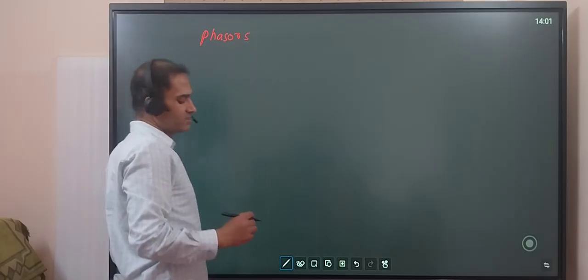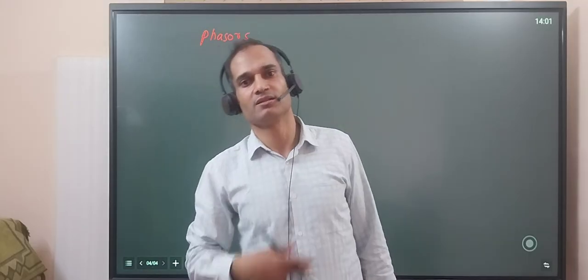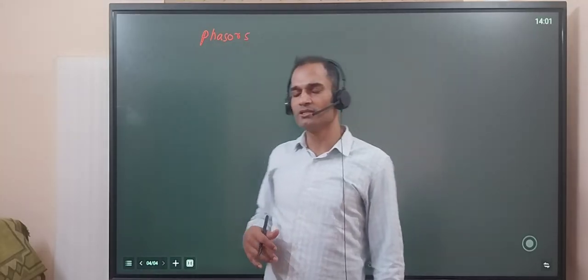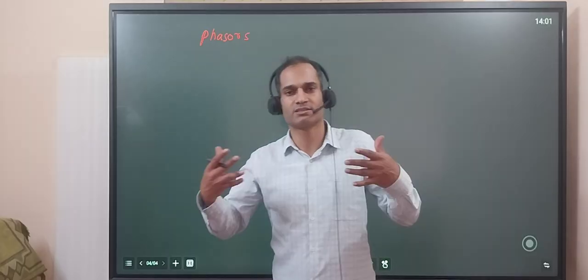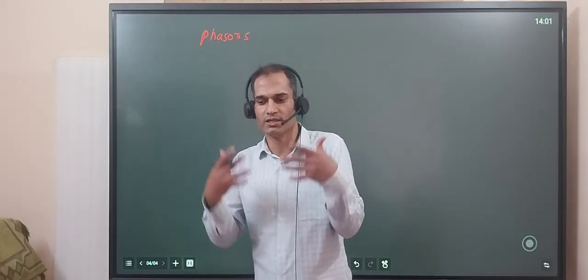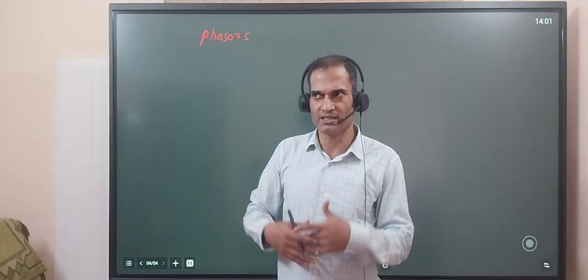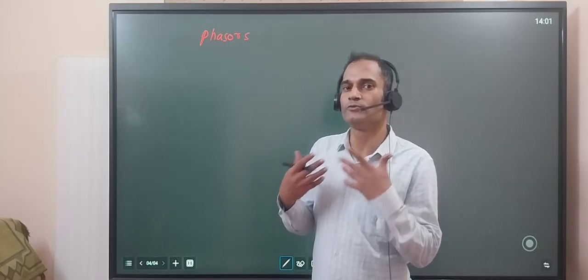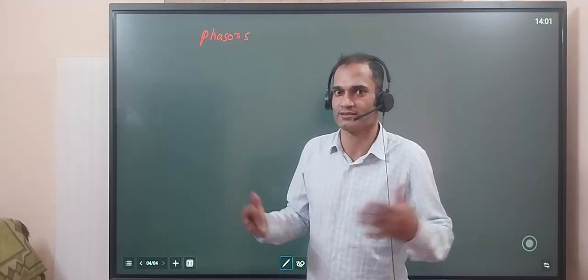Phasor's definition is difficult, so I will write the definition part later. I will do some simple mathematics. I will try to add two alternating currents and we will see if we can have some general rule, a generalization.